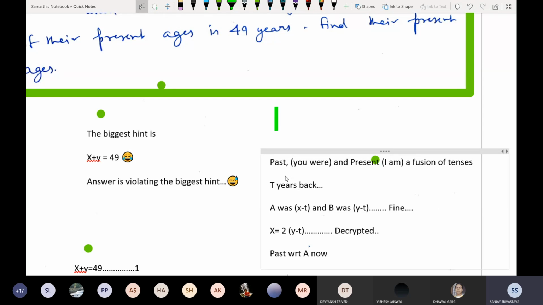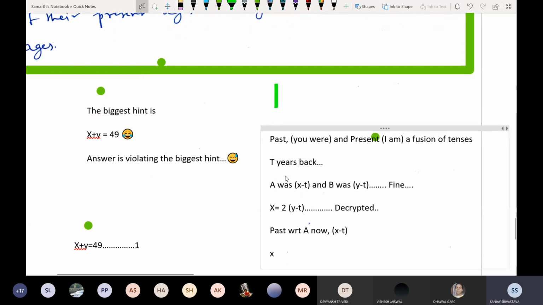Past age means T years ago, so that means X minus T. X minus T as old as you are means whatever was my past age is equal to your present age. That means X minus T is equal to Y. This is the second equation.